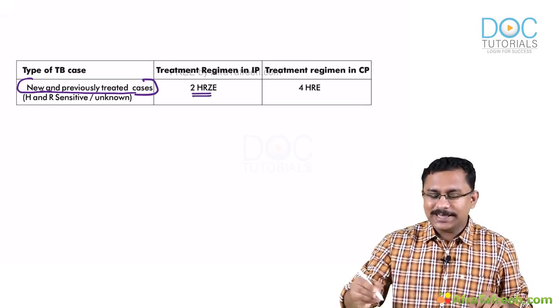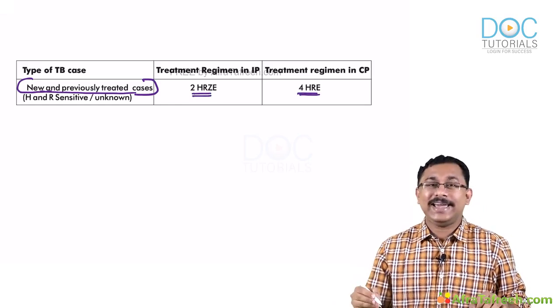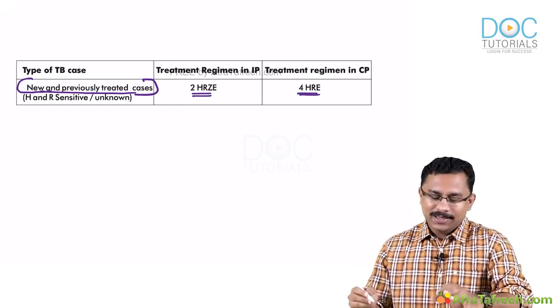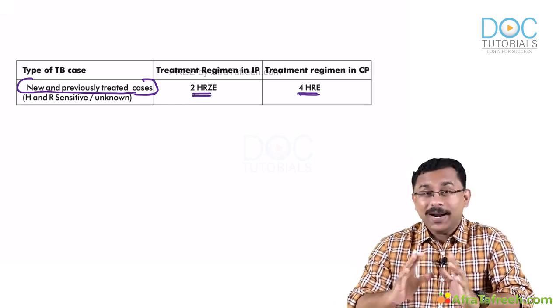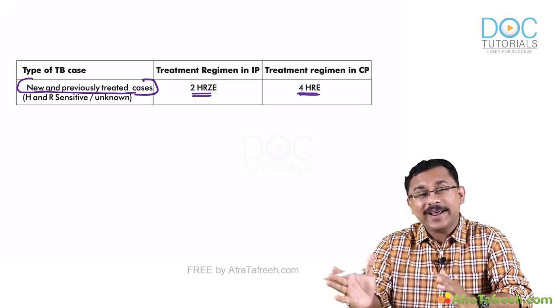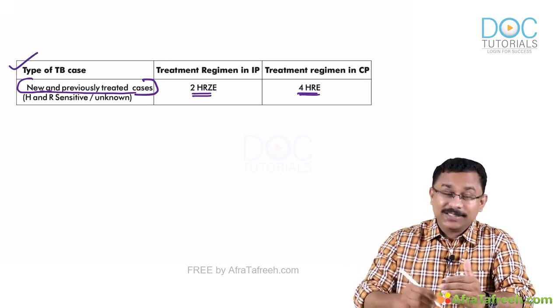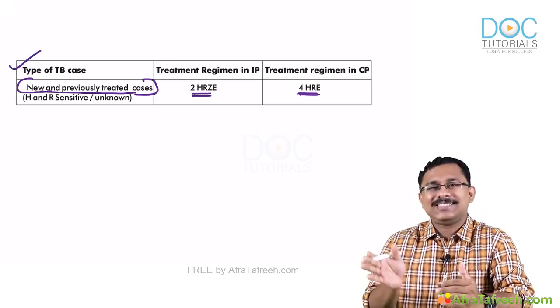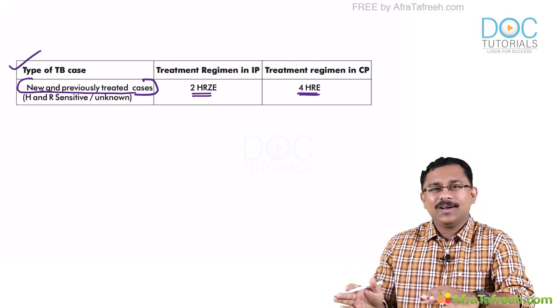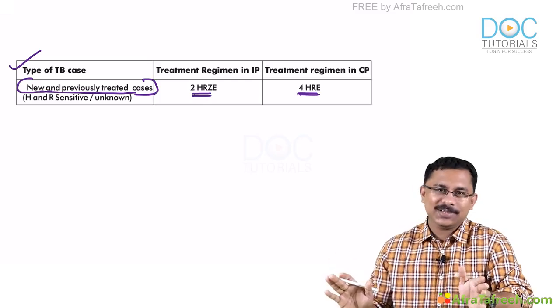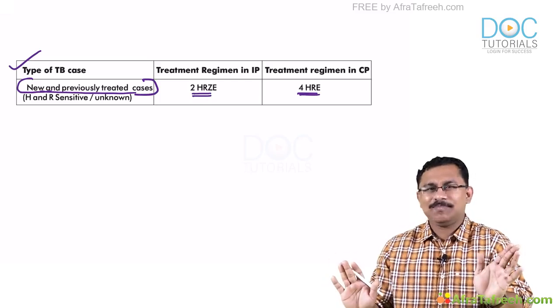So this is 2 months HRZE plus 4 months HRE. This applies to pulmonary tuberculosis or extrapulmonary tuberculosis. Remember, both, if drug sensitive, would fall in this umbrella of treatment of intensive phase and continuation phase. Very clear, as simple as this.